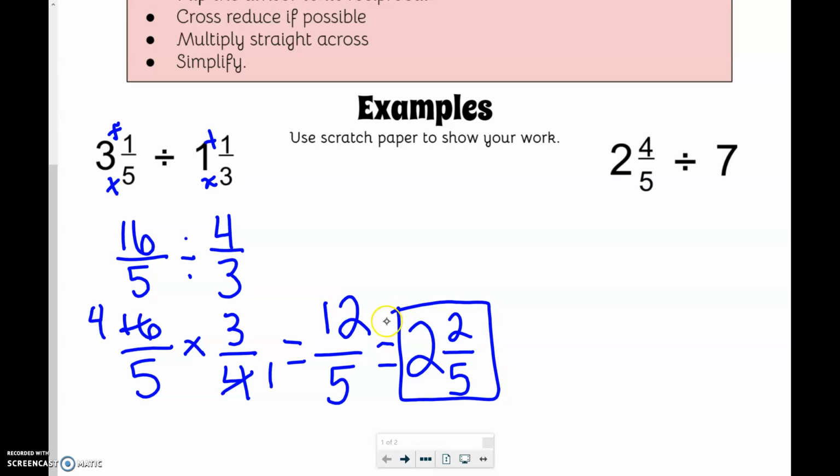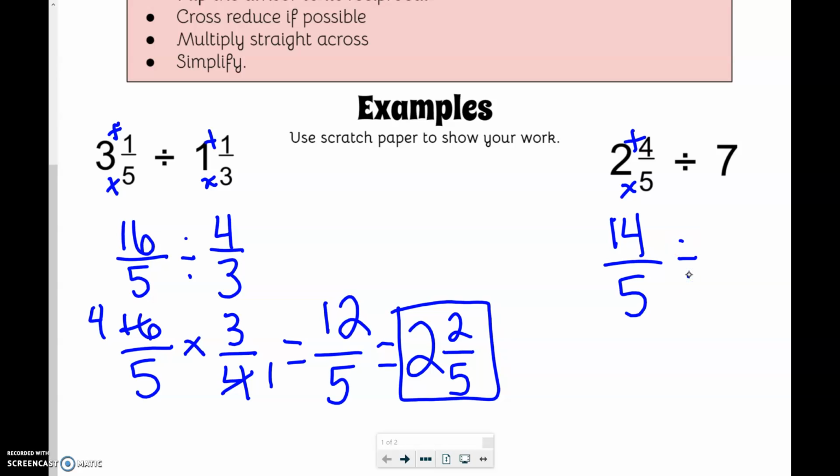Okay, we're going to try one more. Make sure you're following along with your scratch paper. So I've got to change those mixed numbers and whole numbers to improper fractions first. So that first one's going to end up being, if I do 5 times 2, that's 10, plus 4 is 14, and then the fifths stay the same. Notice I'm keeping my division because we have not done keep, change, flip yet.